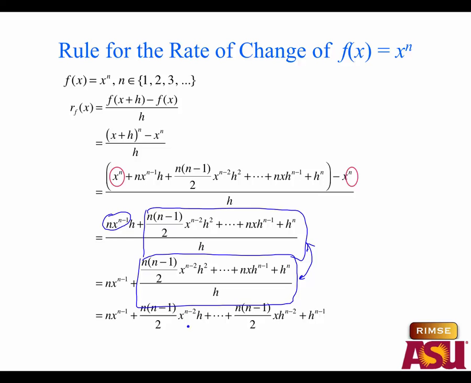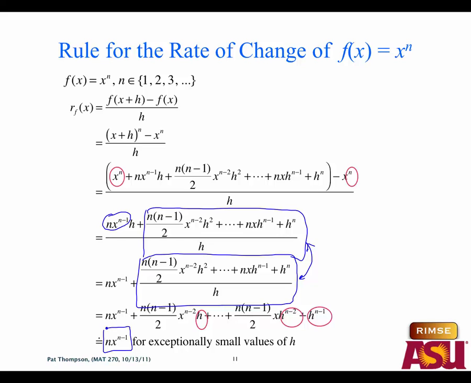So what's the deal? All these have an h. That's the point. All these here have an h. This one doesn't. So the first one ends up without an h, and all these have an h. So when h gets very, very small, we get this. What is it?